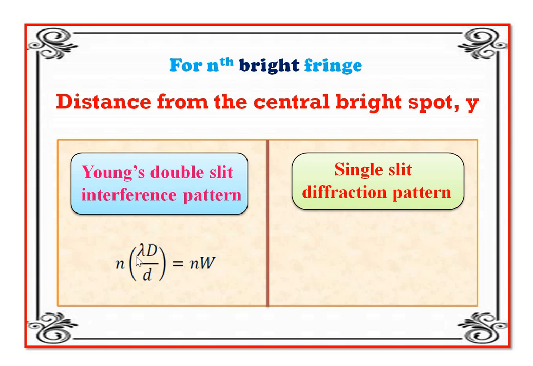As we know, lambda capital D divided by small d is nothing but the width, so the simplified form is simply n times capital W. In single slit diffraction pattern, the formula becomes n plus 1/2 times lambda capital D divided by small a, that is simply n times capital W.